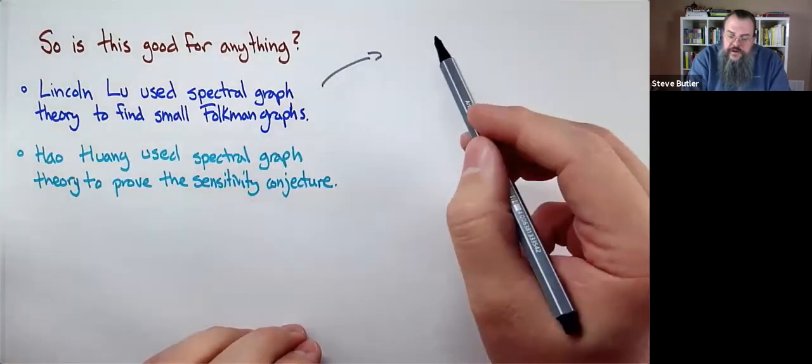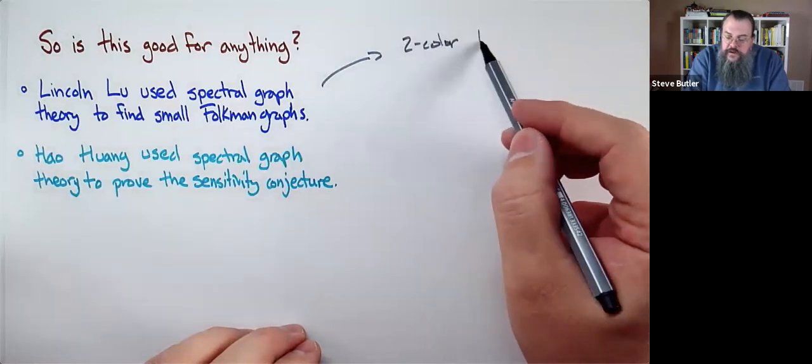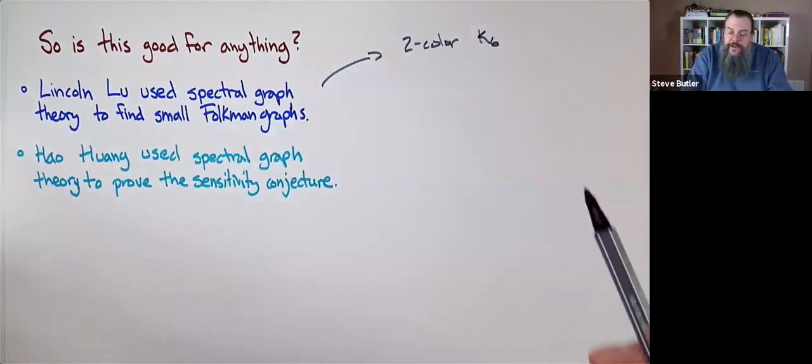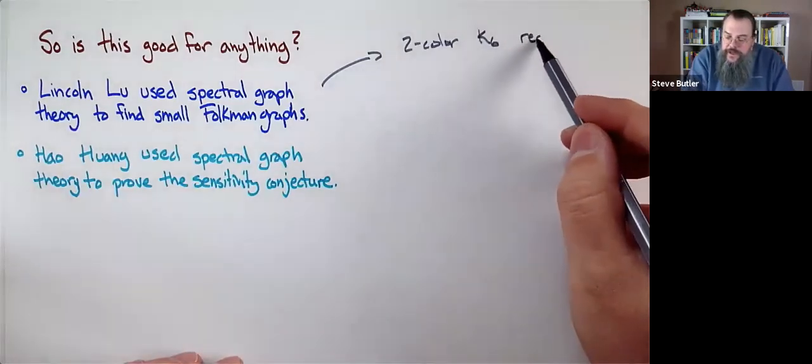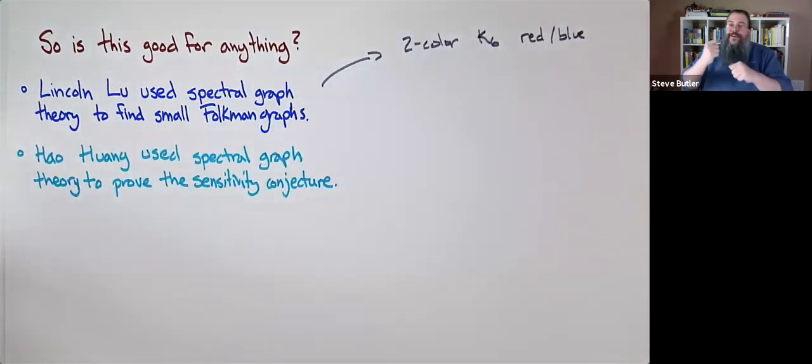So, for instance, if you two-color K6, say red and blue with the edges, what must be true? Well, if you two-color the edges, you either have to have a red triangle or a blue triangle. Okay, great. Well, that's famous. Now you might say, all right, so if I have a K6 and I two-color, boom, I have to have a triangle. But do I need a K6?